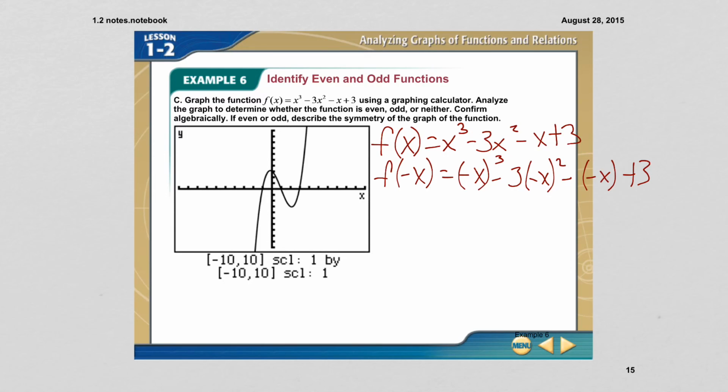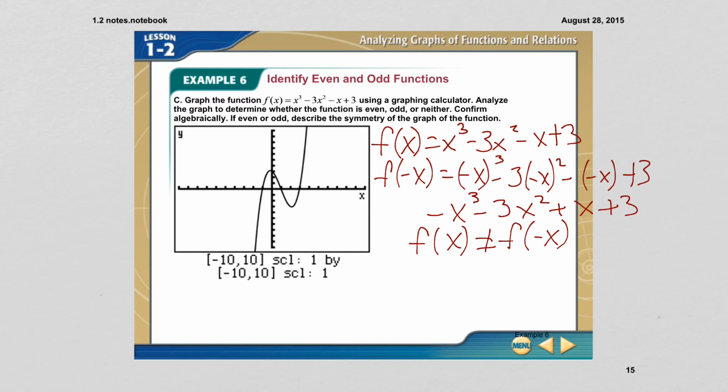Well, that gives me negative x cubed minus 3x squared plus x plus 3. So f of x is not equal to f of negative x.